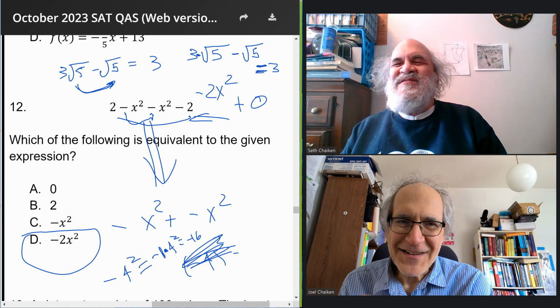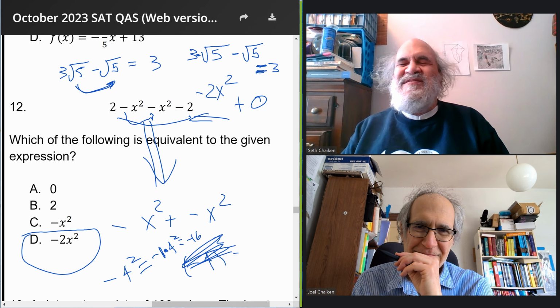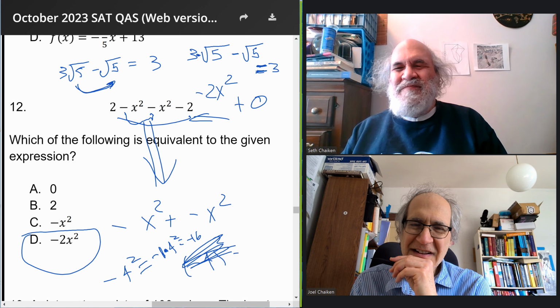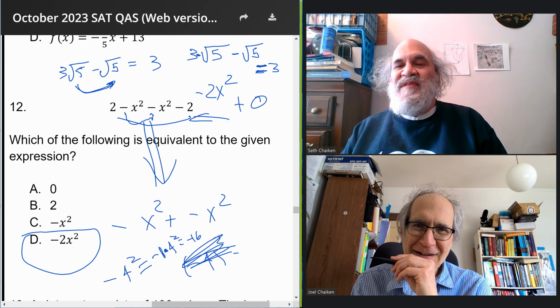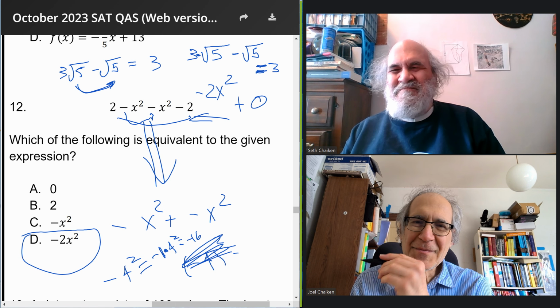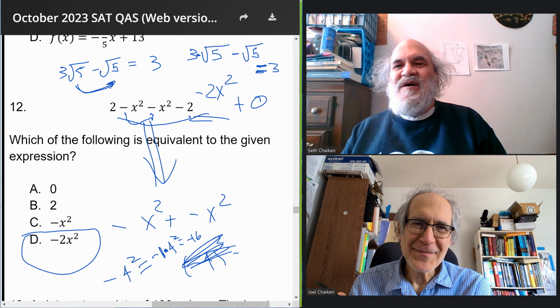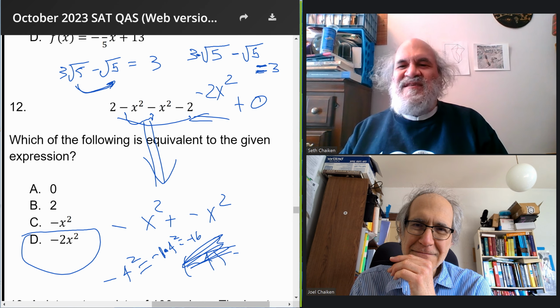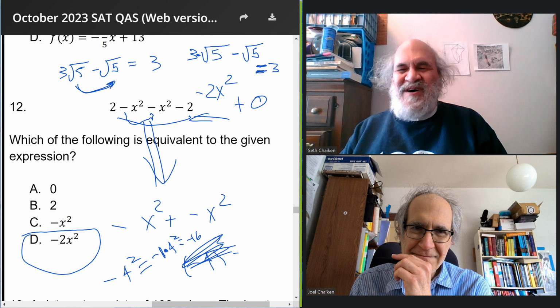Minusing is combining with the additive inverse. Dividing is combining with the multiplicative inverse. I know, but that's not what we're talking about. Well, that minus sign is analogous to a division sign.